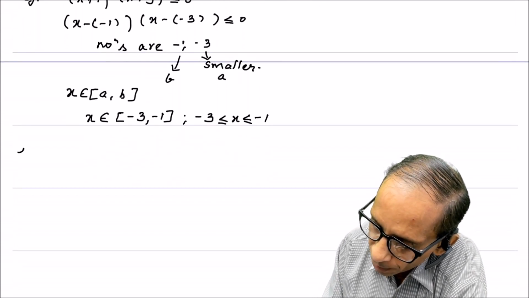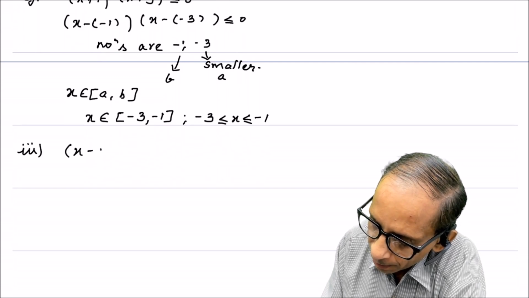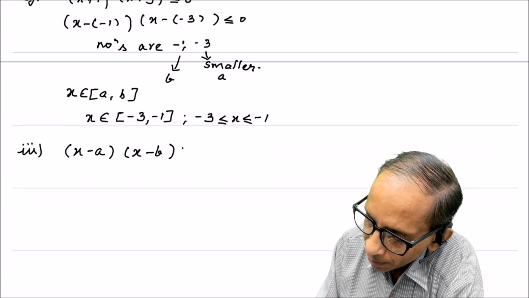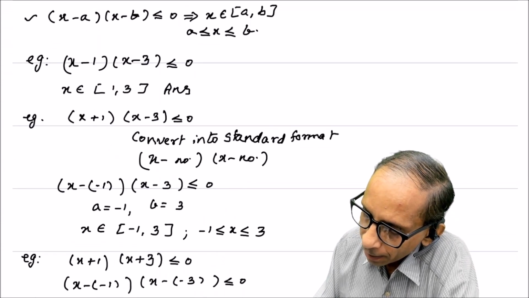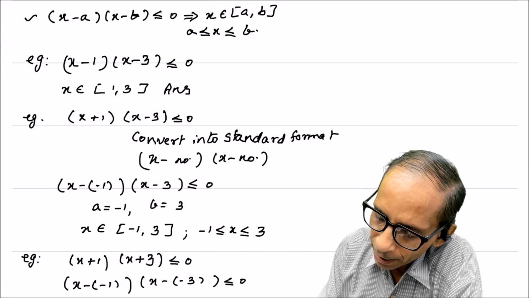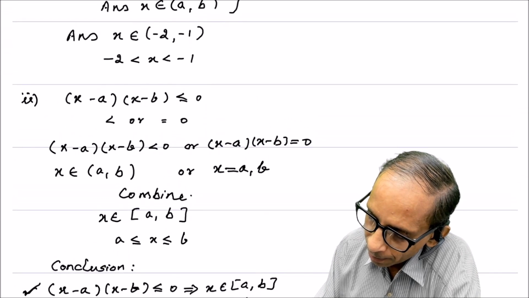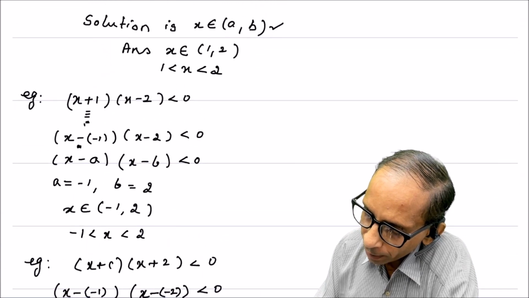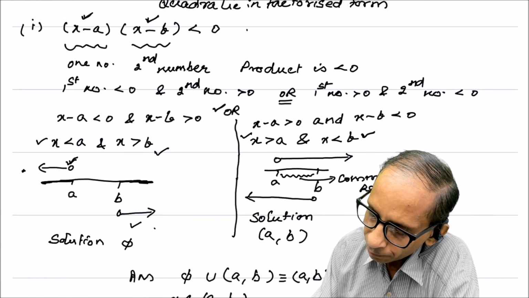Once we are through with this case also, then comes the case (x minus a)(x minus b) greater than 0. We have considered the cases (x minus a) into (x minus b) less than or equal to 0, that is this. And we have also considered the case (x minus a) into (x minus b) less than 0.